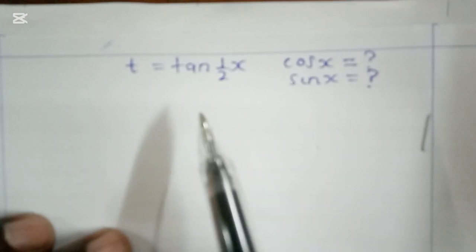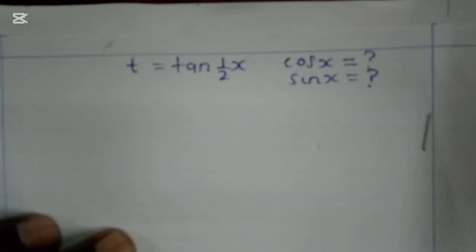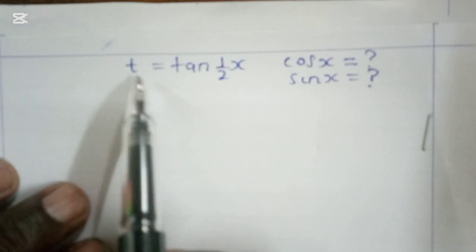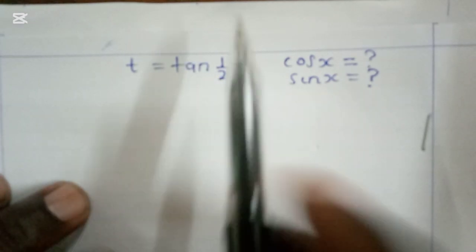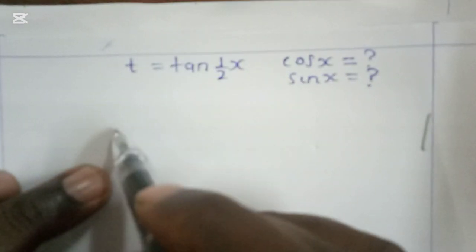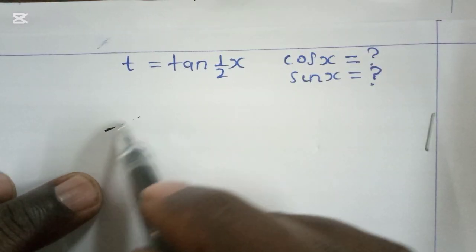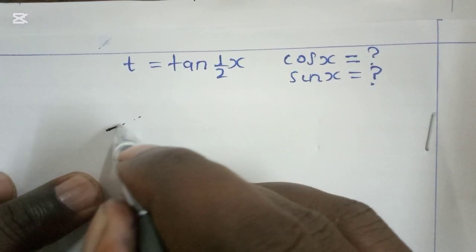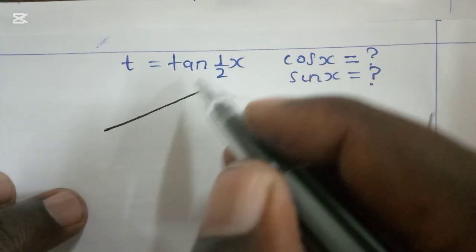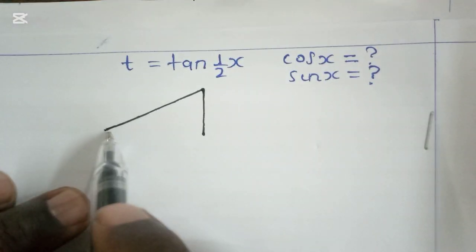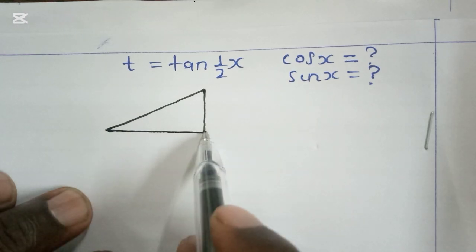So guys, we start off, and what we are going to do is draw something that I would use to represent tan half x. So let me draw a right angle triangle that looks like this. So guys, this is my right angled triangle that I want to use.